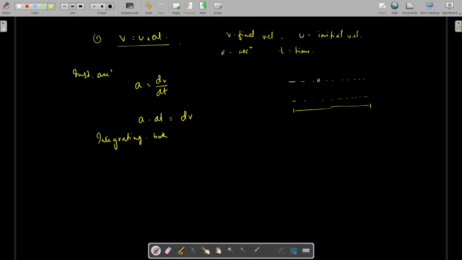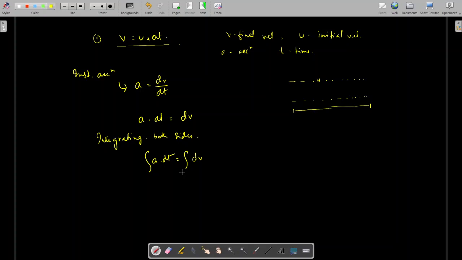Integrating both sides, what do you get? We have a dt equal to dv, and this sign is the integration sign.